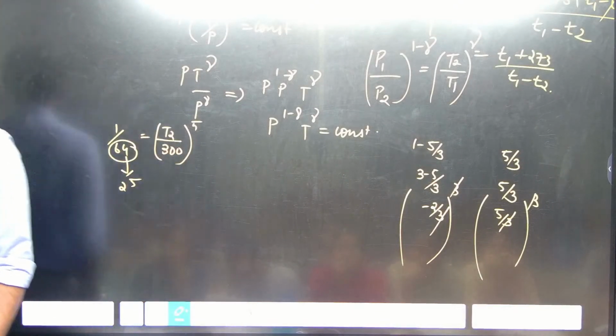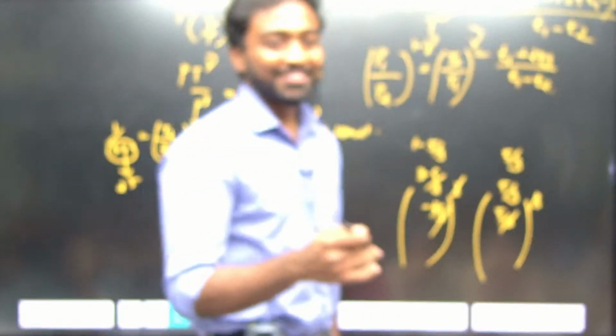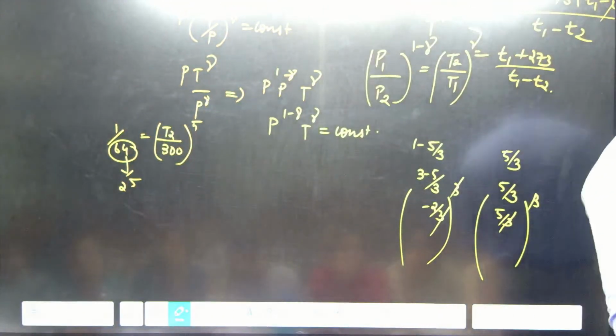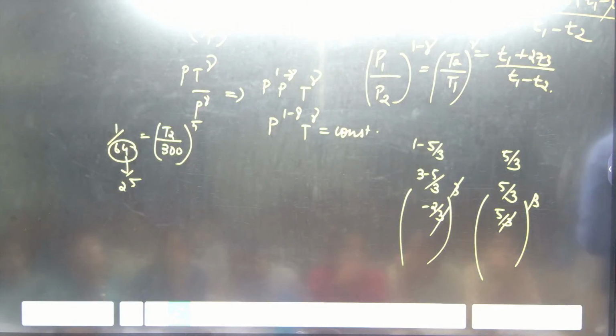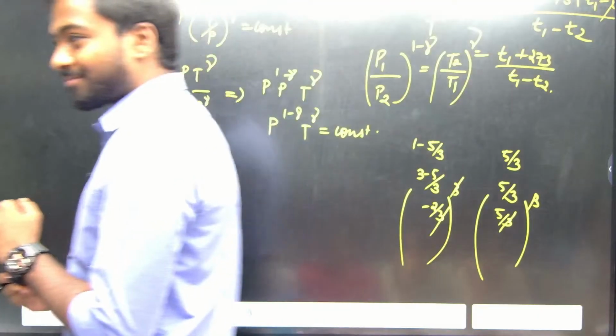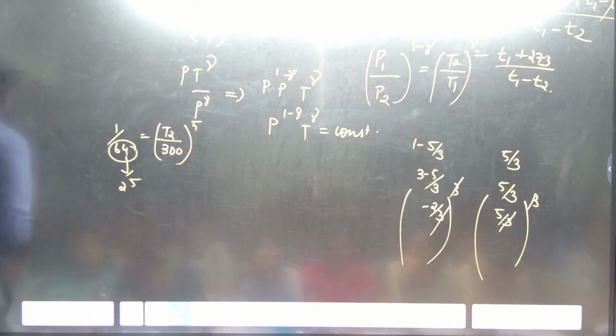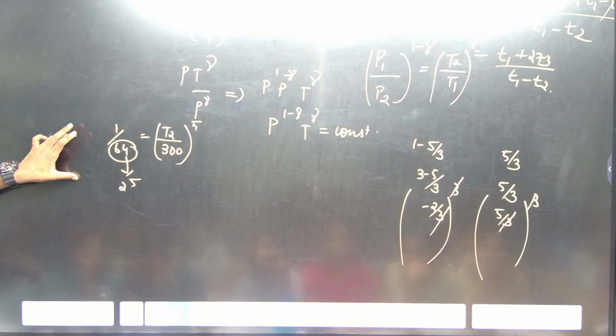Yes, no? 2 power 5. Wait, let the others also think, no? 2 power 5, 32. 2, 2 is 4, 4, 2 is 8, 8, 2 is 16. Okay. This is the equation you got.